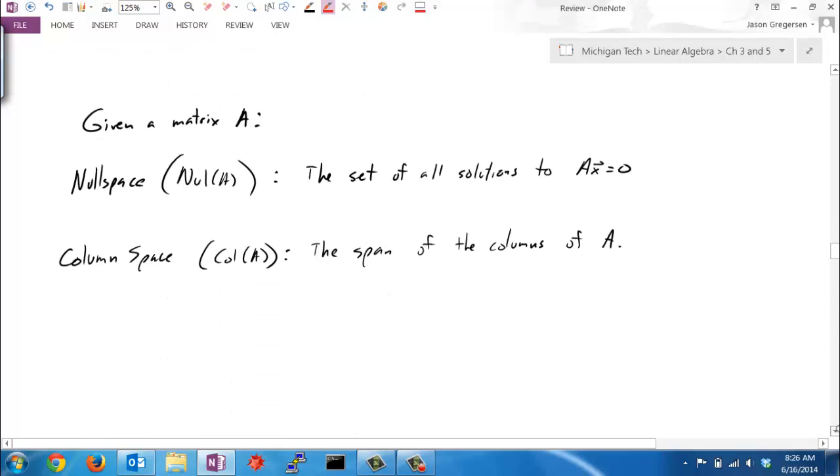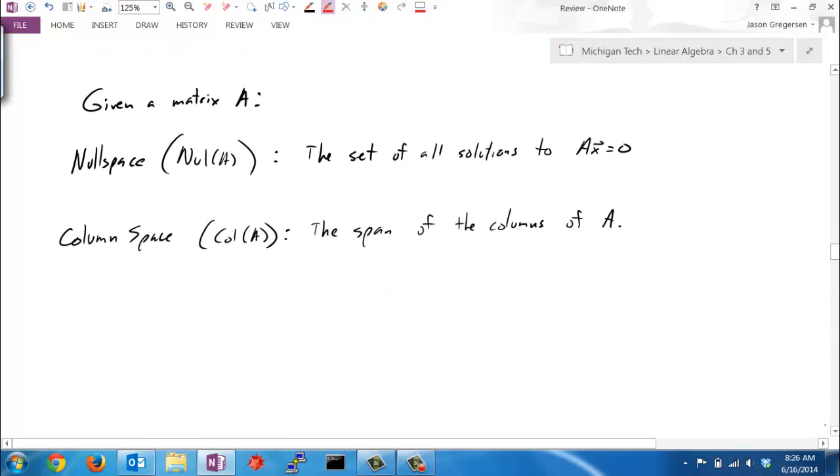Then we talked about two specific subspaces, the null space and the column space. These are both subspaces of larger spaces. So we have their definitions here. The null space is the set of all solutions to the homogeneous equation. So these are both spaces that are related to the matrix A. And the column space is the span of the columns of A. Now the column space specifically, we can kind of recharacterize a couple different ways.